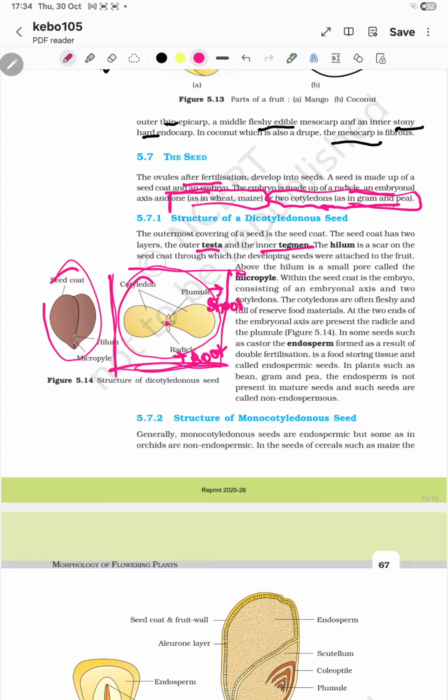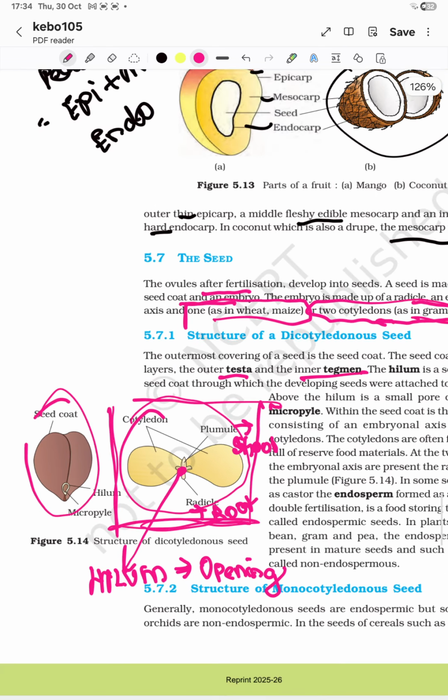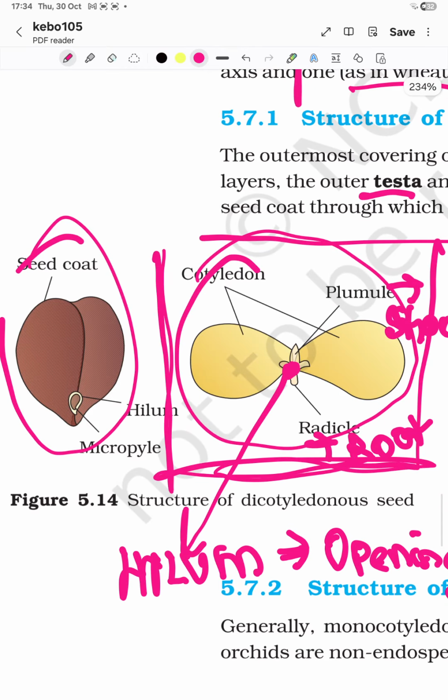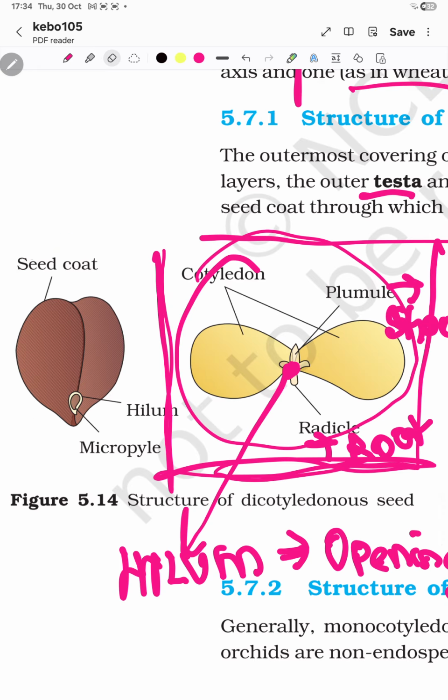Now there is a scar here, you can see. It's called as hilum. Hilum is where the seed is attached to the fruit. Above the hilum there is a pore called as micropyle. So this is the seed coat.